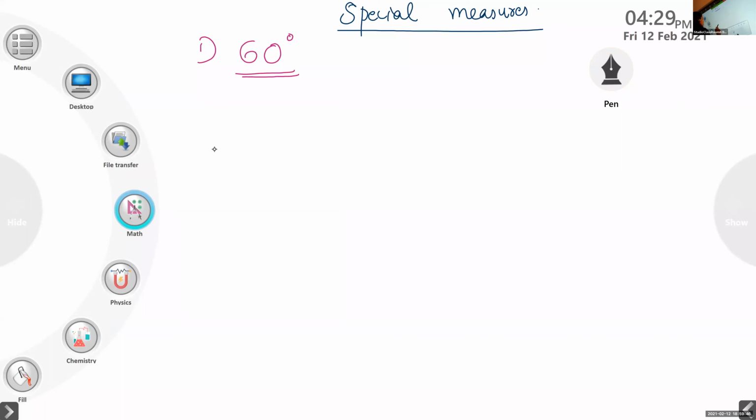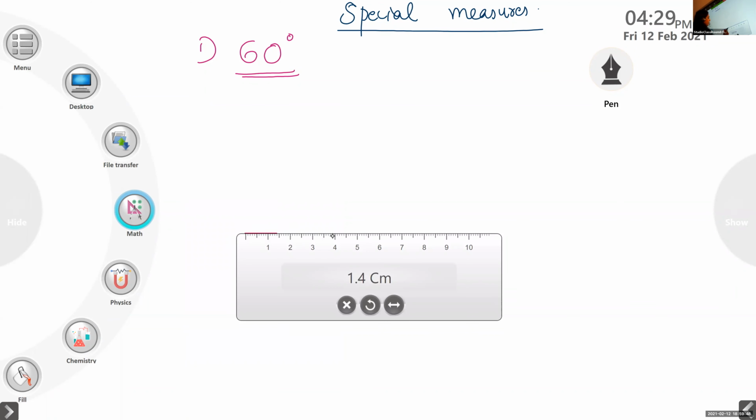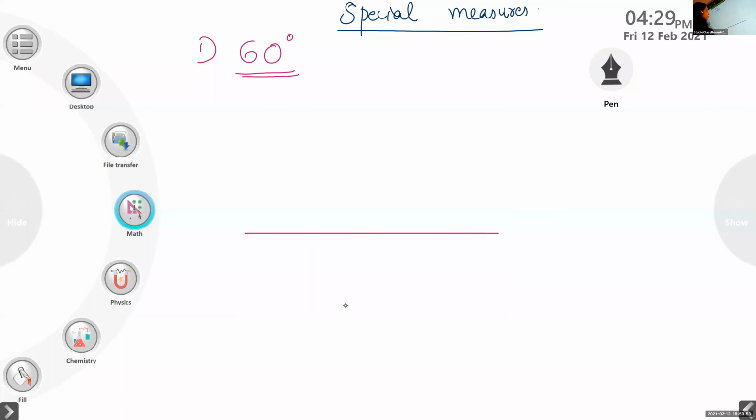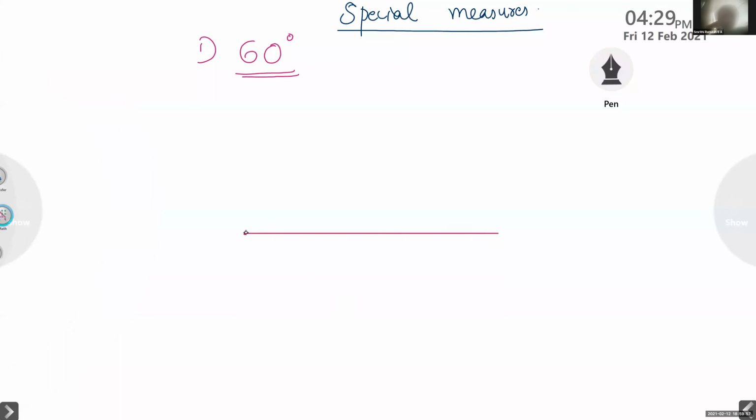For all the angles, we need one baseline. That baseline we can give any name, say AB.